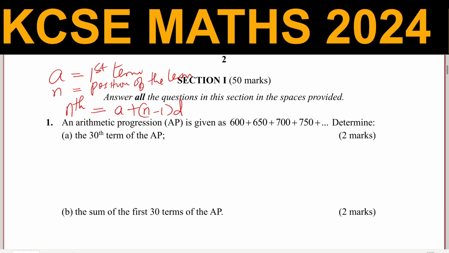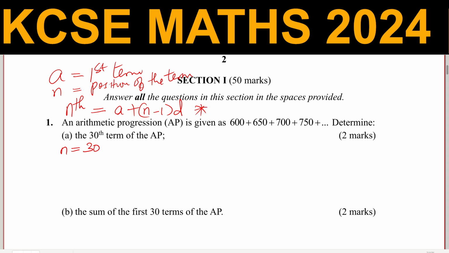If we're talking of the first term, n is equal to 1. If we're talking of the second term, n is equal to 2. Like in this case, we want the 30th term, so n will be 30, the position of the term. So this is how we get the nth term of an arithmetic progression.